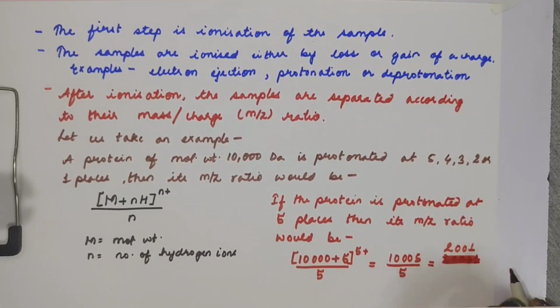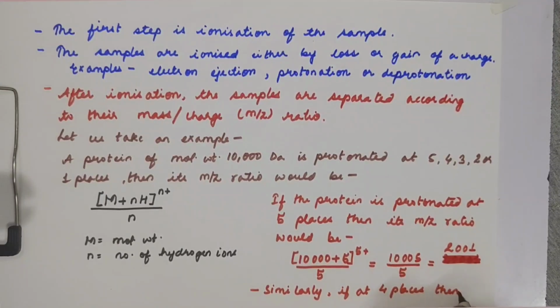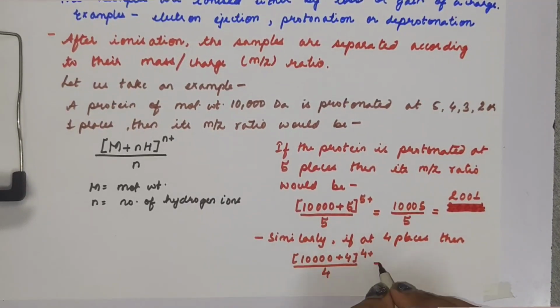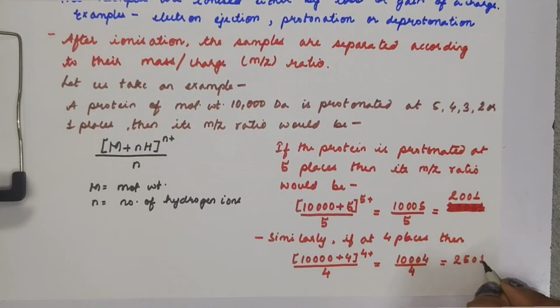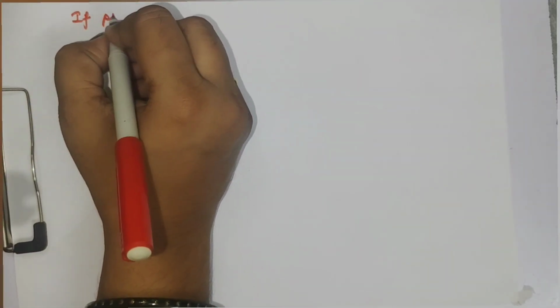and we will get the M by Z ratio as 2001. Similarly, if the protein is protonated at 4 places, then its M by Z ratio will be 10,000 plus 4, because this time 4 protons are added. So 4 will be added to the molecular weight of the protein, and the M by Z ratio will be 10,004 divided by 4, which comes to 2501.